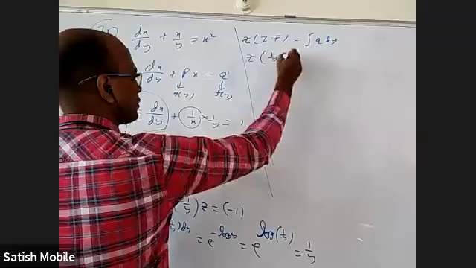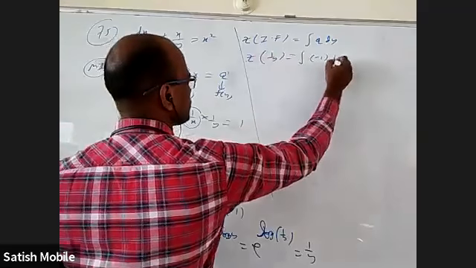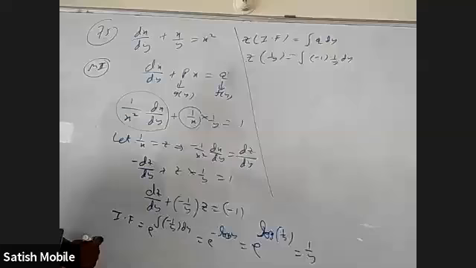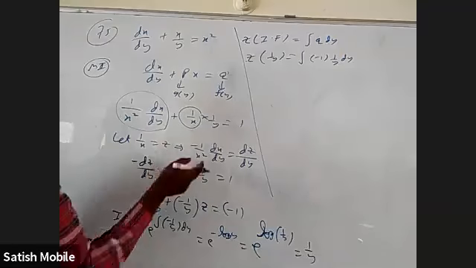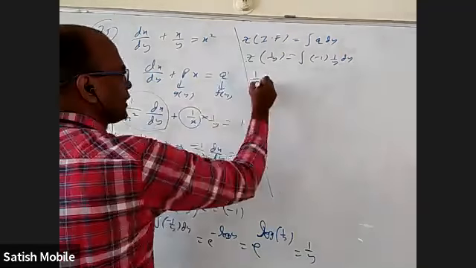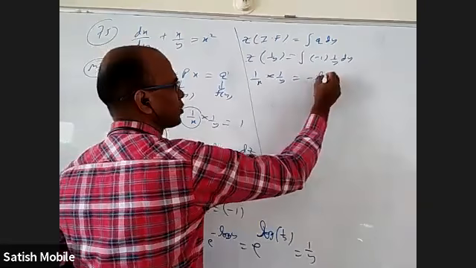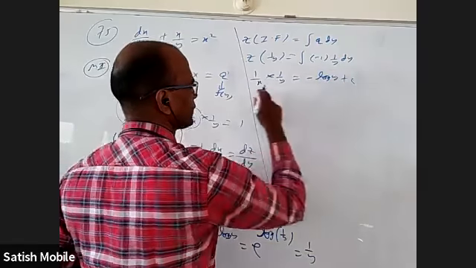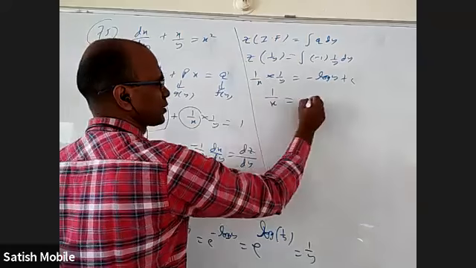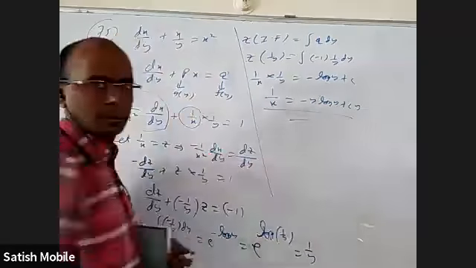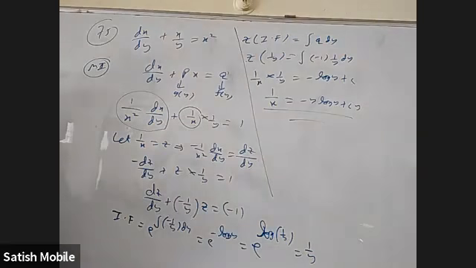So z into integration factor is 1 by y, q is minus 1 into 1 by y dy. z itself is 1 by x, so 1 by x into 1 by y, this integral is minus log y plus c. This is why they wrote 1 by x equal to minus y log y plus c. We got the same answer, but this is another way to do the same.